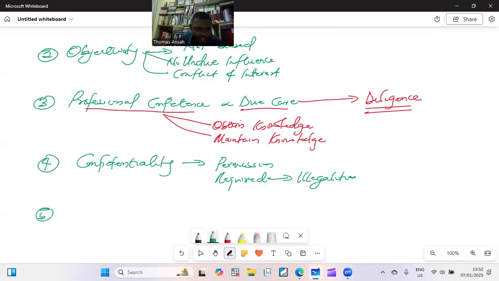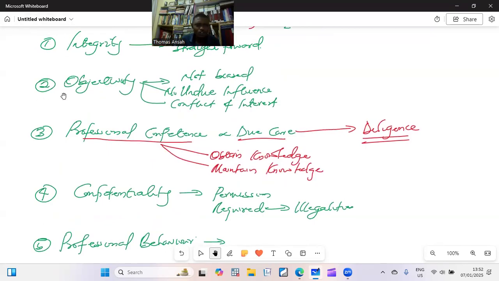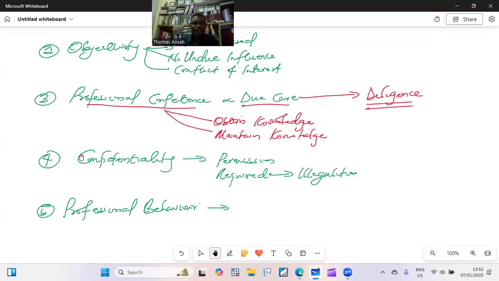Then lastly, P is professional behavior. What does it mean? It means do not behave in any way that will bring disrepute to the profession of accountant. What will bring disrepute? If you are not honest, if you don't have integrity, if you are not objective, it will. If you don't work well as a management accountant, people will say, so is that how accountants are?